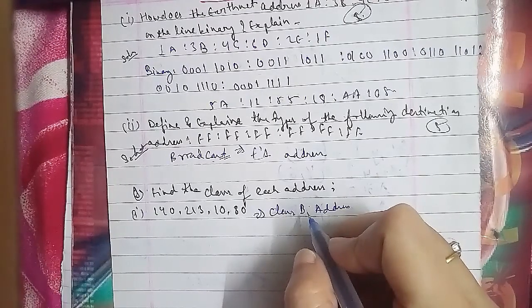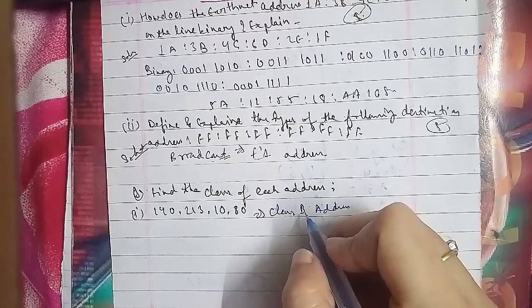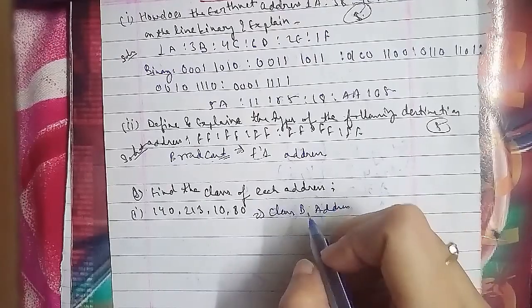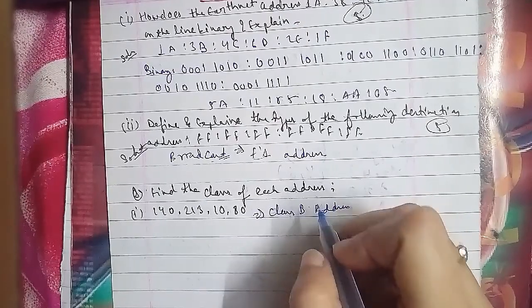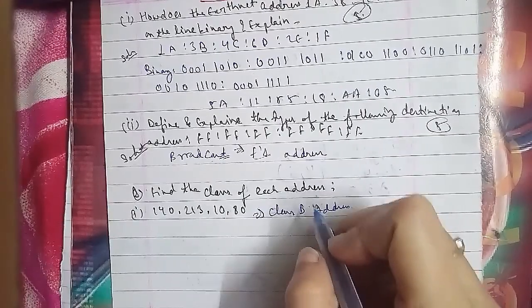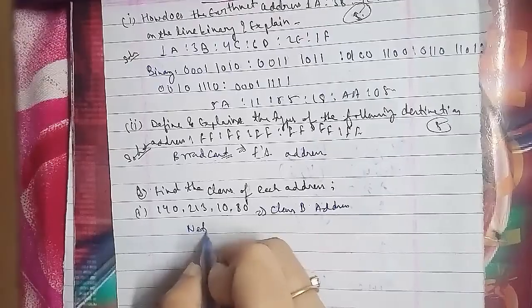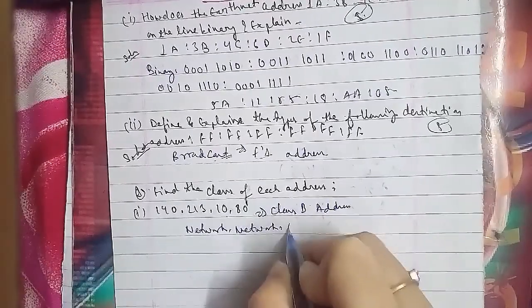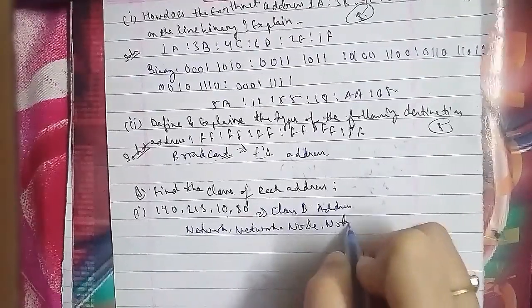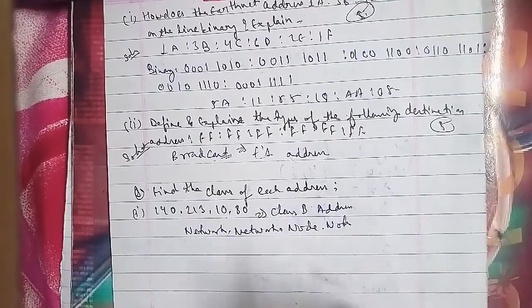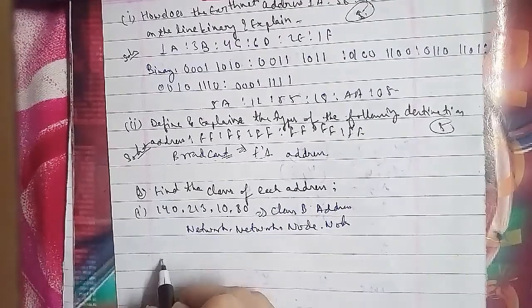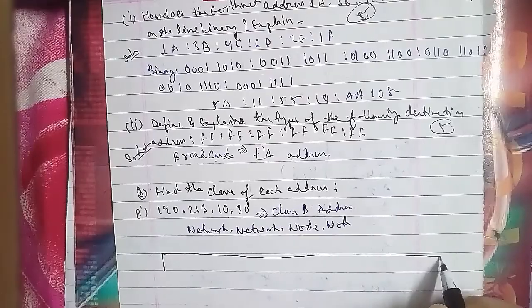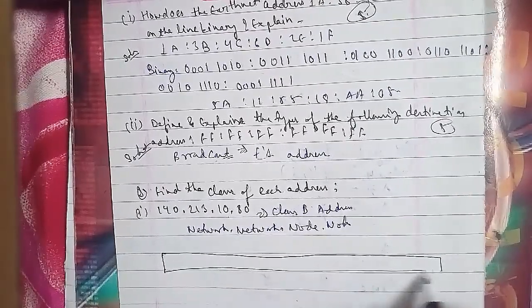For the representation, this is class B, this is 10, network ID, host ID, and then we have the range of class B: 128.0.0.0.